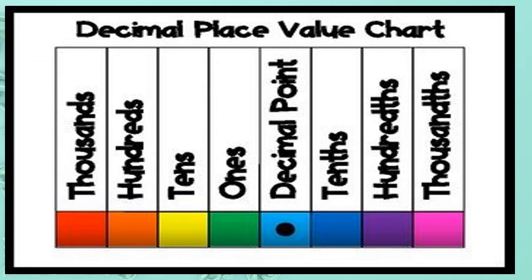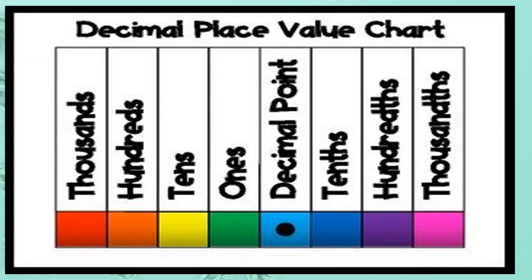But on the right side, the part after the decimal point, we will have the decimal place value chart. It will start from tenths, then hundredths, and then thousandths, like this. So this is our decimal place value chart.